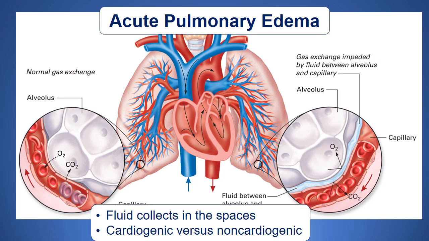In this case we get the increased hydrostatic pressure from the arteries into the capillaries, which causes the fluid to shift out into the alveolar space. And this can happen with right-sided failure as well, but then we would get this increased hydrostatic pressure in the ankles and things, for example, and we'd also maybe get some JVD.